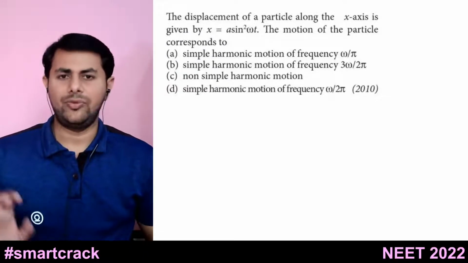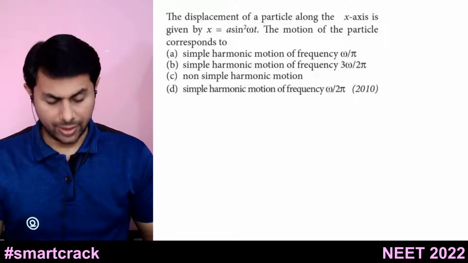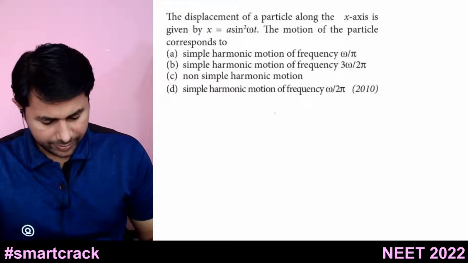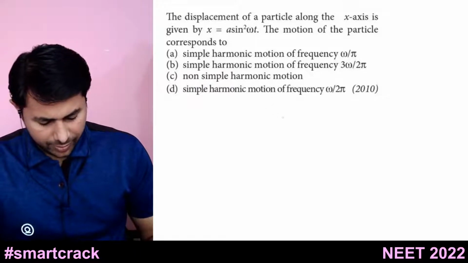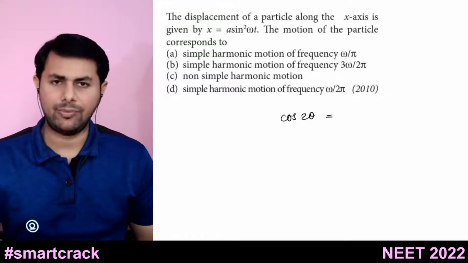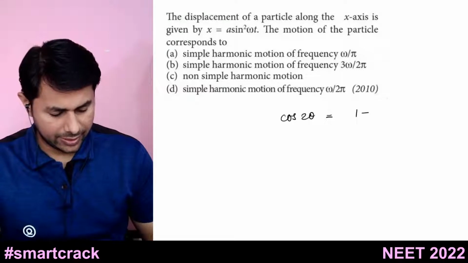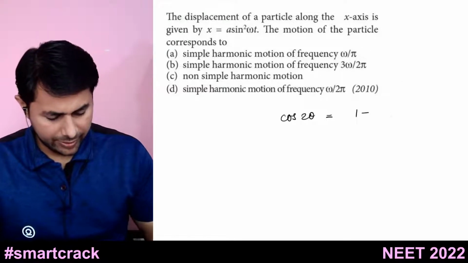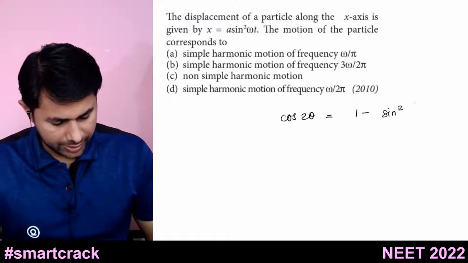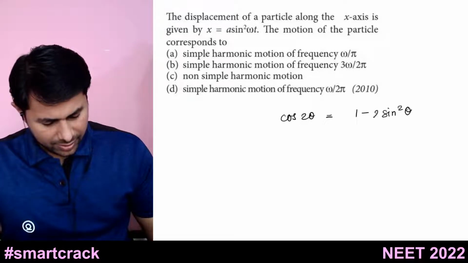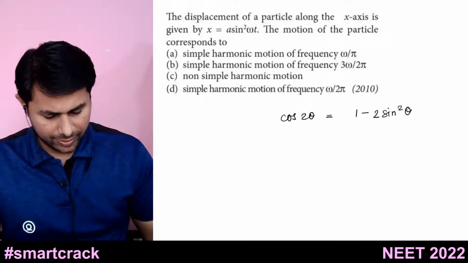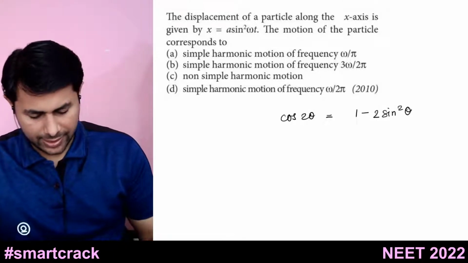We need to remember many formulae over here, and one of the formulae is cos of 2 theta can be written as 1 minus 2 sine square theta.